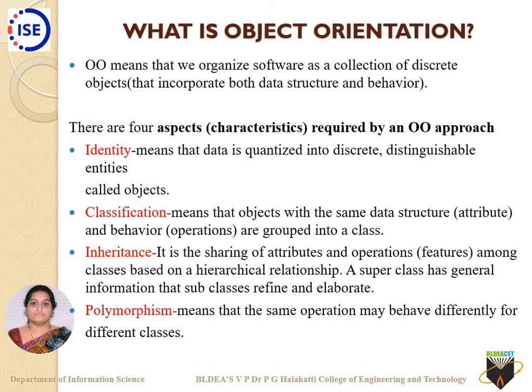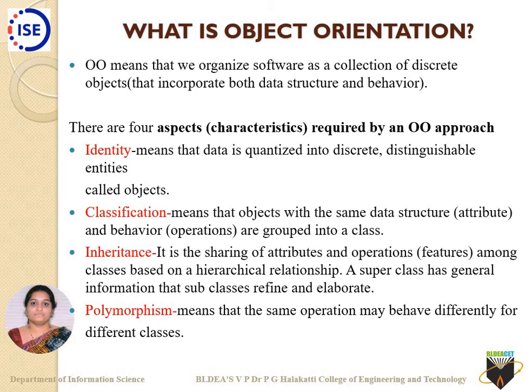Okay, what's the second one? Classification. Now what do I do? I take such kind of objects together, those with the same data structure, which is nothing but attributes, and behavior, which is nothing but operations, performing similarly. If I take myself as one object called E1, and if I treat you as another object called S1, then S1 and E1 do not belong to the same class.